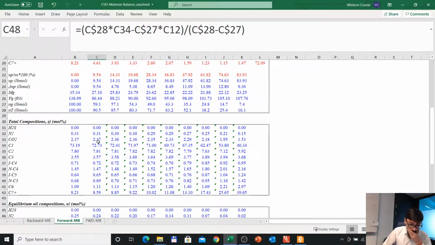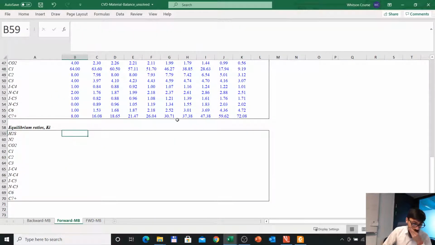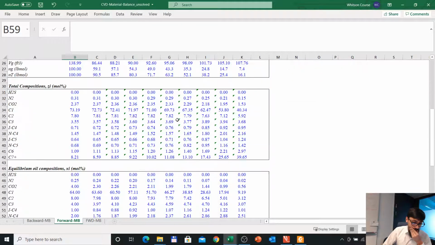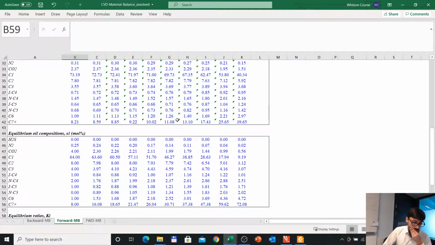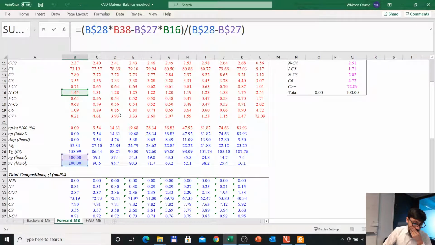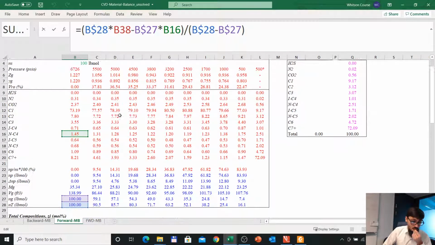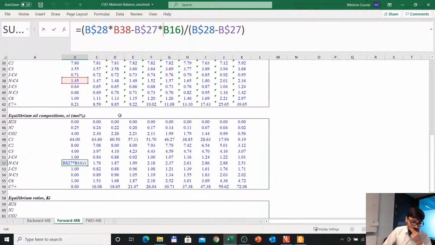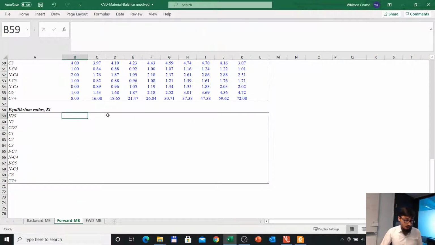Okay, so yeah, we have the oil compositions at each pressure stage, and then we can calculate the K values.